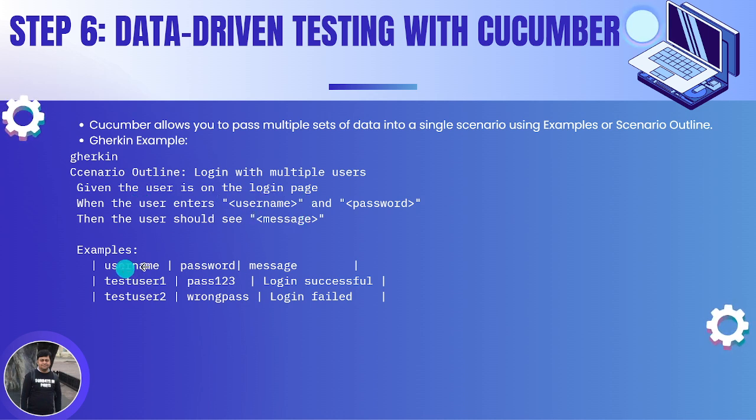So you can see user testuser1, password1, login successful. User2, the password is different for user2, and then login failed. In this way, you can write data-driven tests where you can pass multiple test data using Examples.